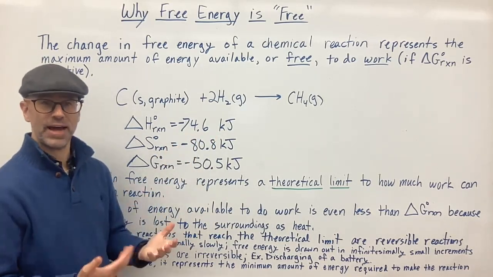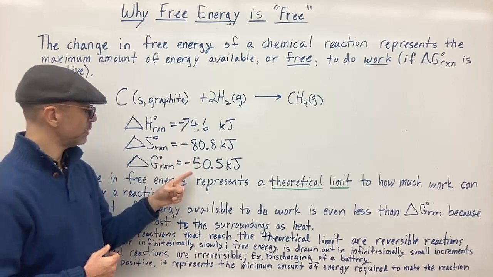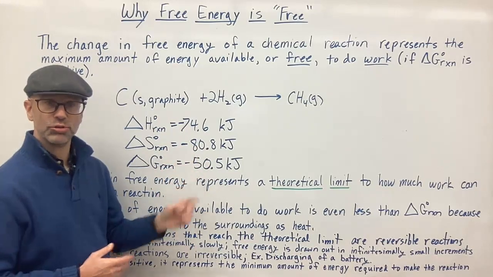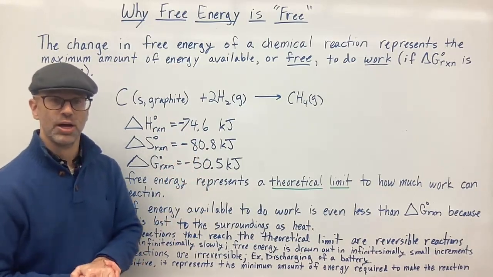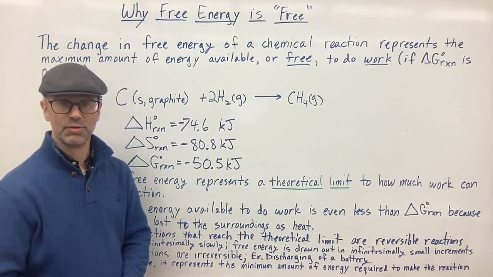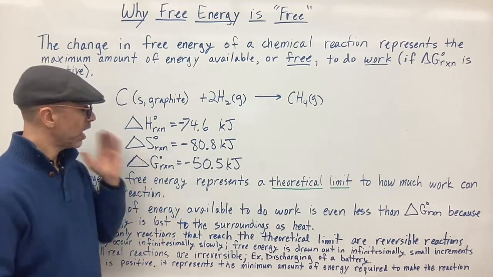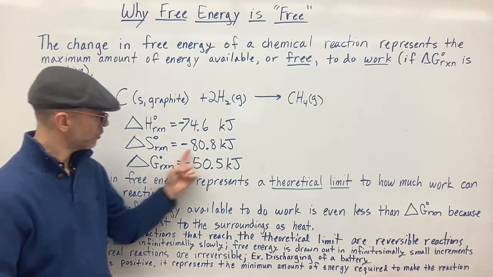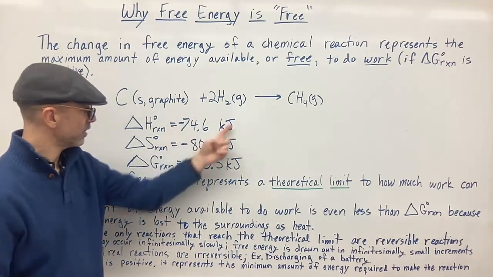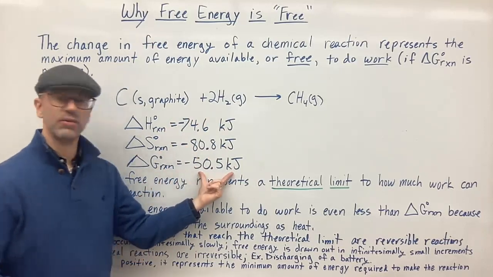So if you do a subtraction, about 24.1 kilojoules of energy is used to increase the entropy of the surroundings so that this becomes available. So this is less than this. This is less than this. So here, this is the available energy.